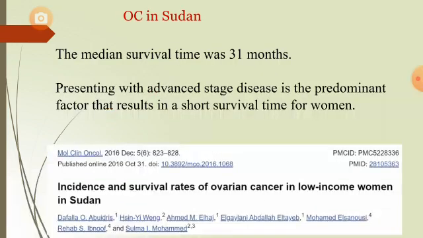And the median survival time in Sudan was 31 months according to this publication. That is to say 2.5 years. The presenting with advanced stage disease is mostly the predominant factor that results in a short survival time for women.